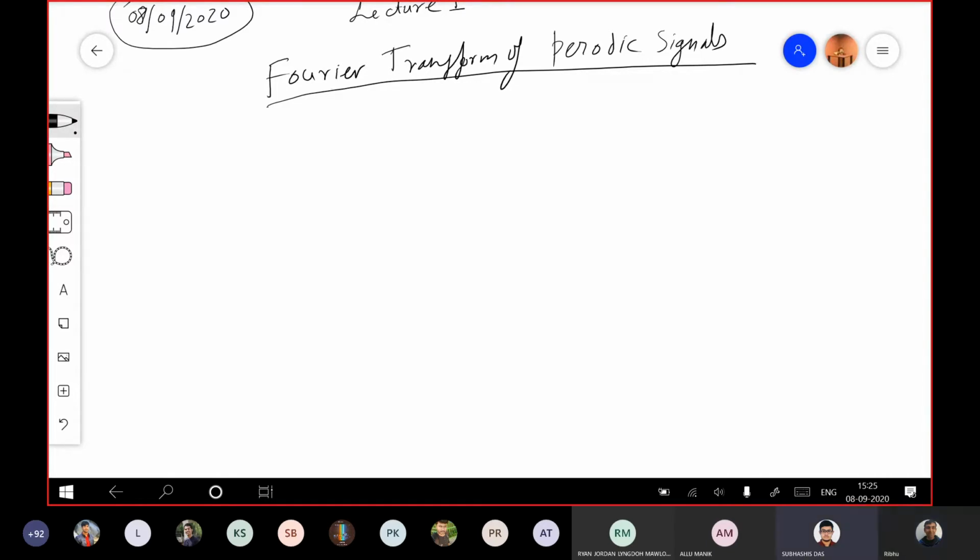After we have taken the Fourier transform of one period, then we can just repeat it. But here is the issue: once you have taken the Fourier transform of one period of a periodic signal, you have converted that periodic signal into an aperiodic signal.